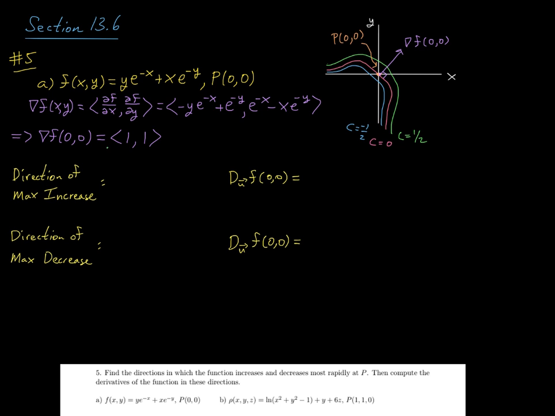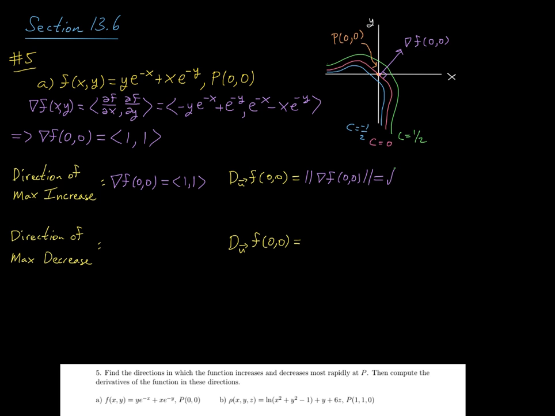What we proved in the last video was that that is the direction of max increase. So that would be our answer for this first part. Furthermore, what we proved is that the maximum rate of increase, the directional derivative in the direction of the gradient, is simply the magnitude of our gradient vector evaluated at our point.